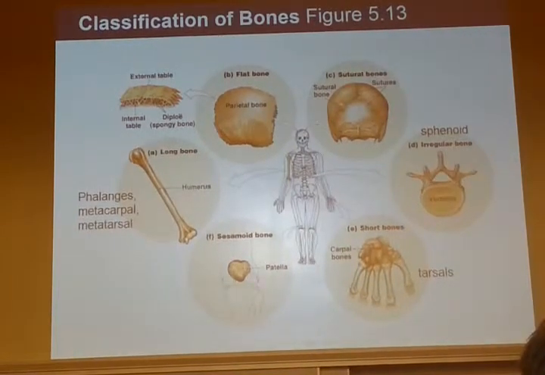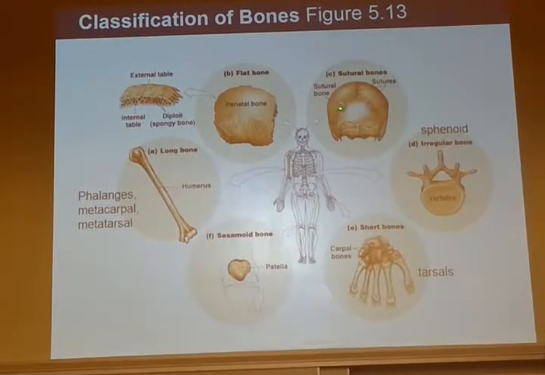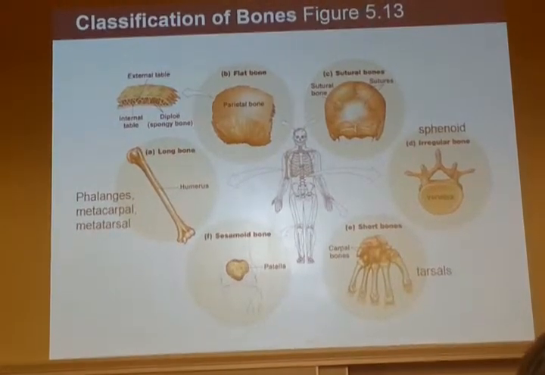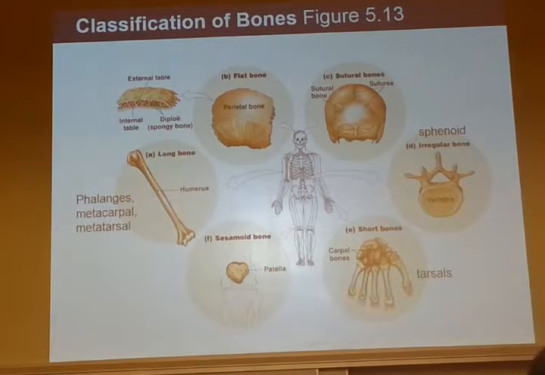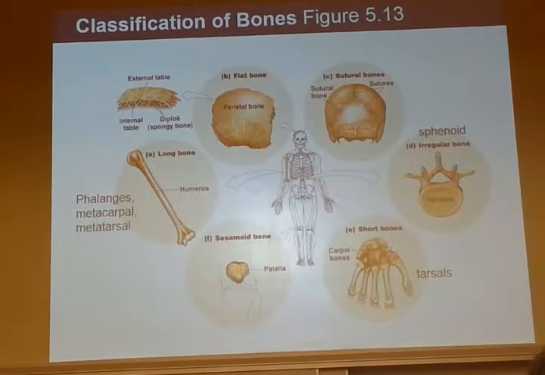So, an example of a Wormian bone or a sutural bone. You look in the sutures, and here's one that's about the size of a quarter. What happened there was before the skull had finished growing, and you had the final joining of the bones together, there was cartilage in the area where the sutures are going to form.